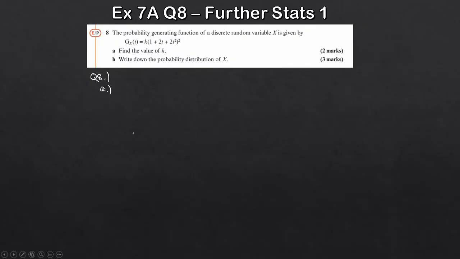It's something you should hopefully be aware of, that if we use t equal to 1 here, so I'm using the probability generating function at t equal to 1, then when I sub t equals 1 into this function, the full function should be equal to 1. So that would be k lots of (1 plus 2 times 1, so 2, plus 2 lots of 1 squared, so that's another 2), and we square all that, that's going to be equal to 1.